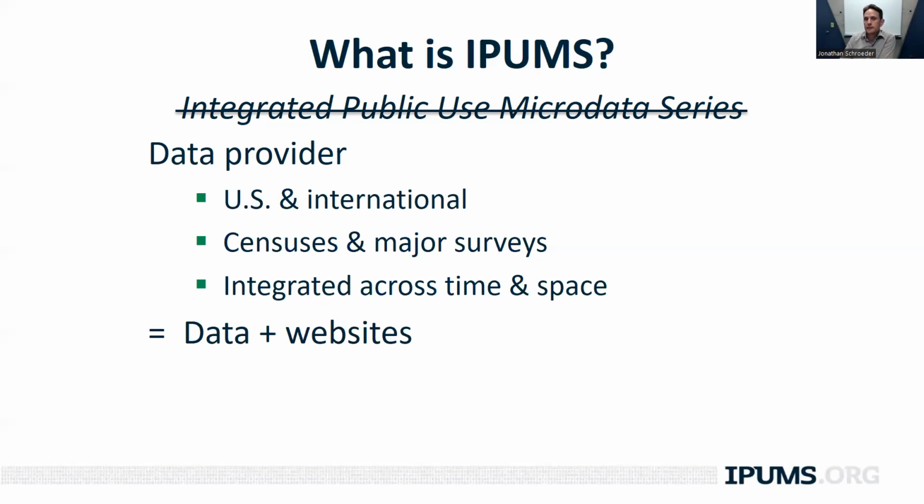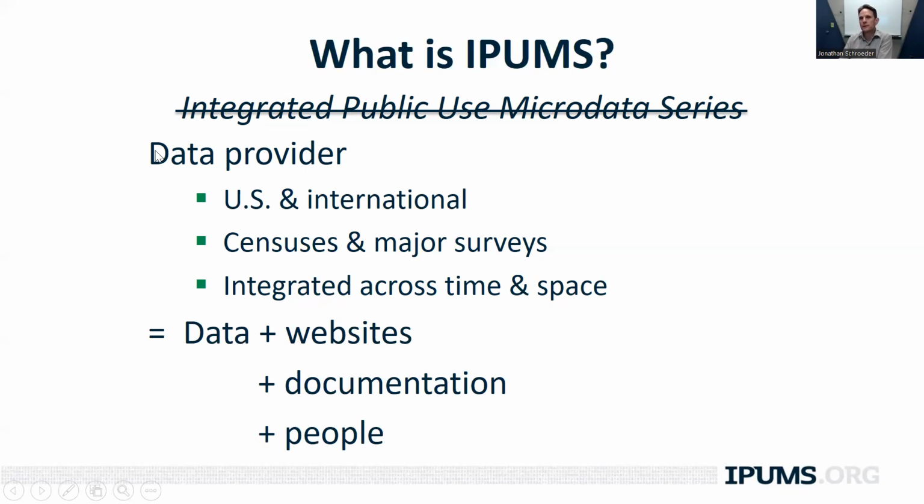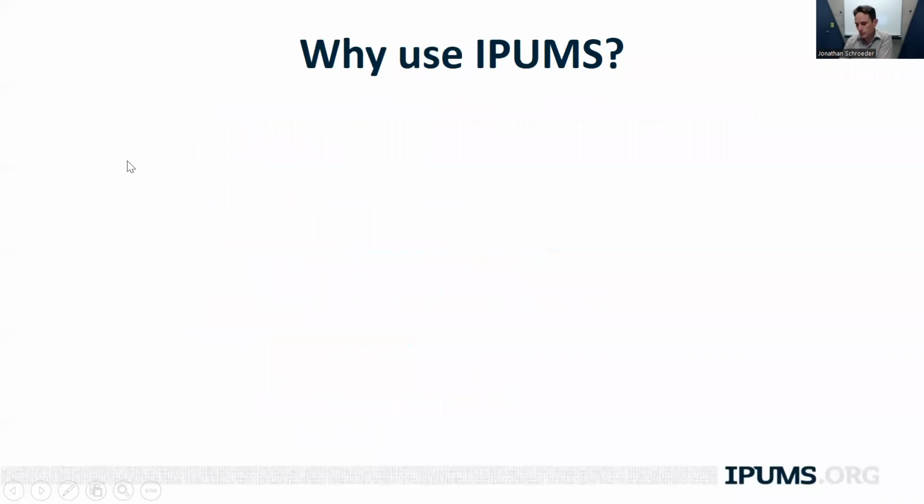IPUMS is data, IPUMS is websites, IPUMS has documentation, and IPUMS are us, the people who work here and can help you with figuring out how to use the data. So IPUMS is a whole collection of all of these things, and hopefully can be a great benefit to you and your institutions.